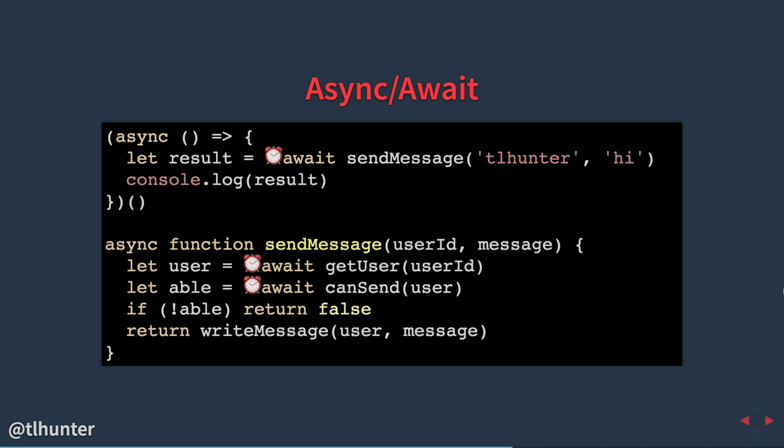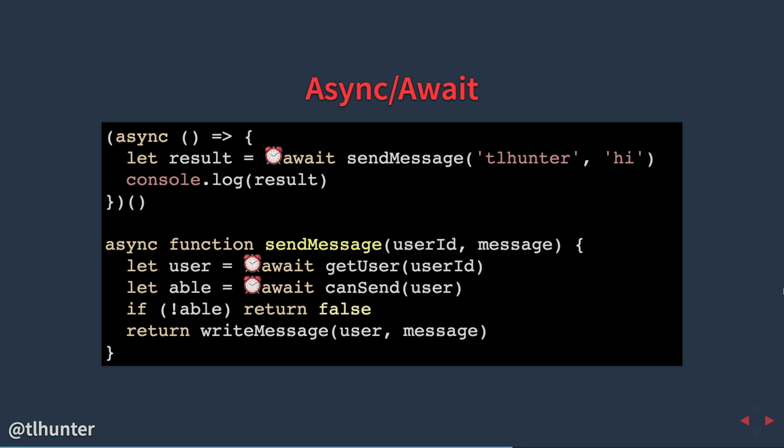In an asynchronous function, if at any point in time you return a simple value, that value will be what the asynchronous function ultimately returns. However, if we are able to send, we will then make another call to the write message function. Write message is, again, an async function. Once that is complete, the result of write message will be the result of the send message call.